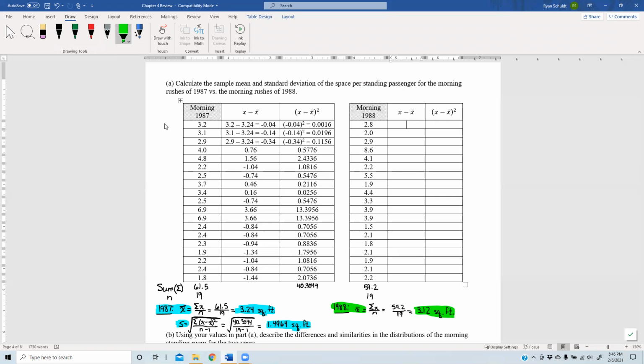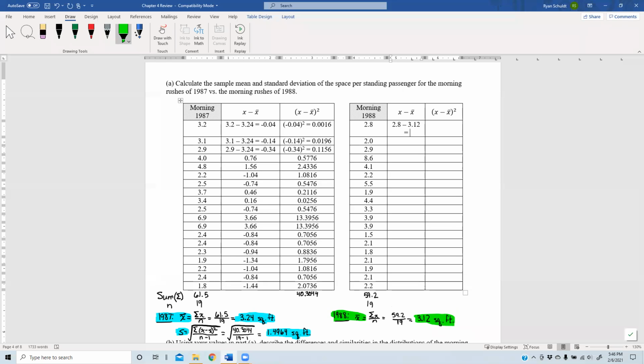Okay, so we need to do 2.8 minus 3.12. And that would get us, well, let's see. That would get us negative 0.32.